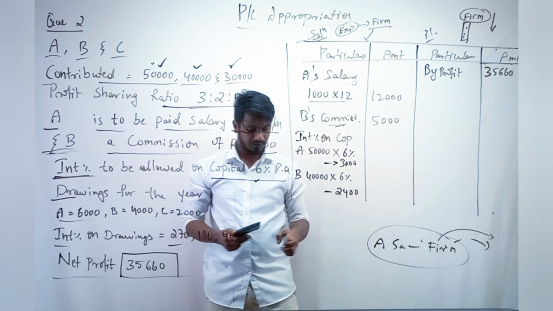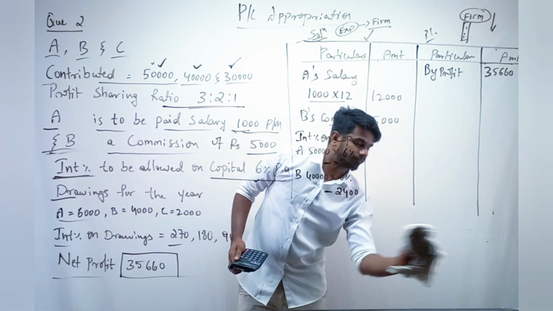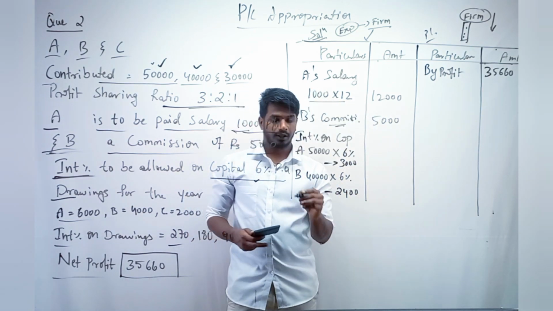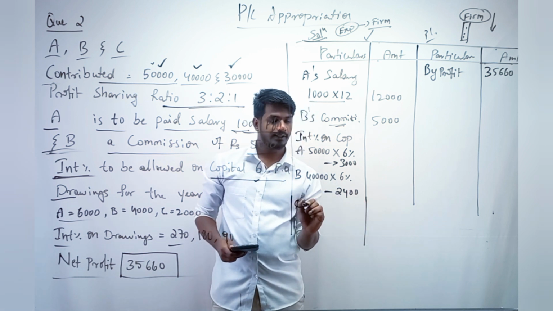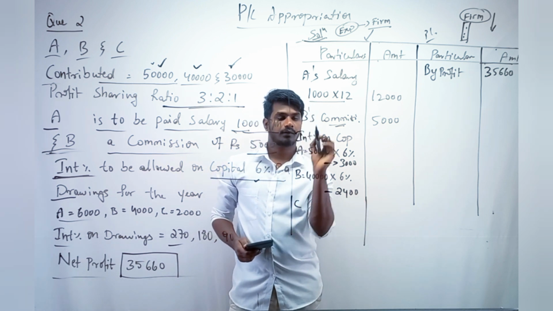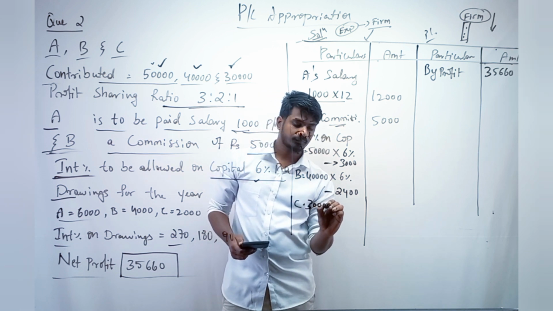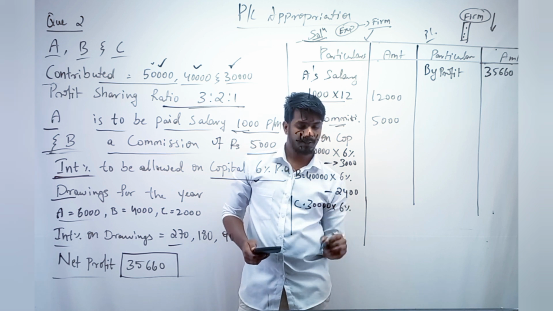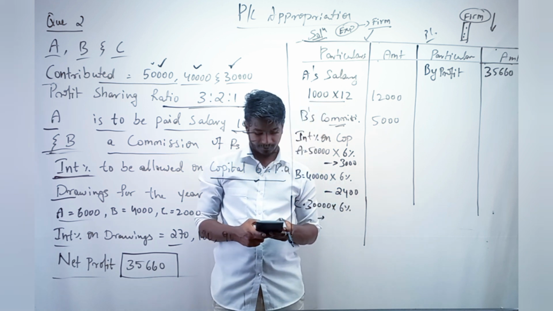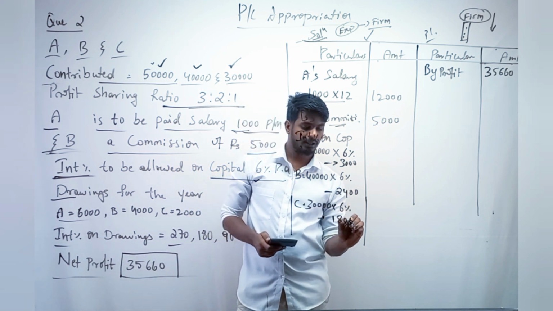For C, the capital is 30,000 into 6%, which is 1,800.